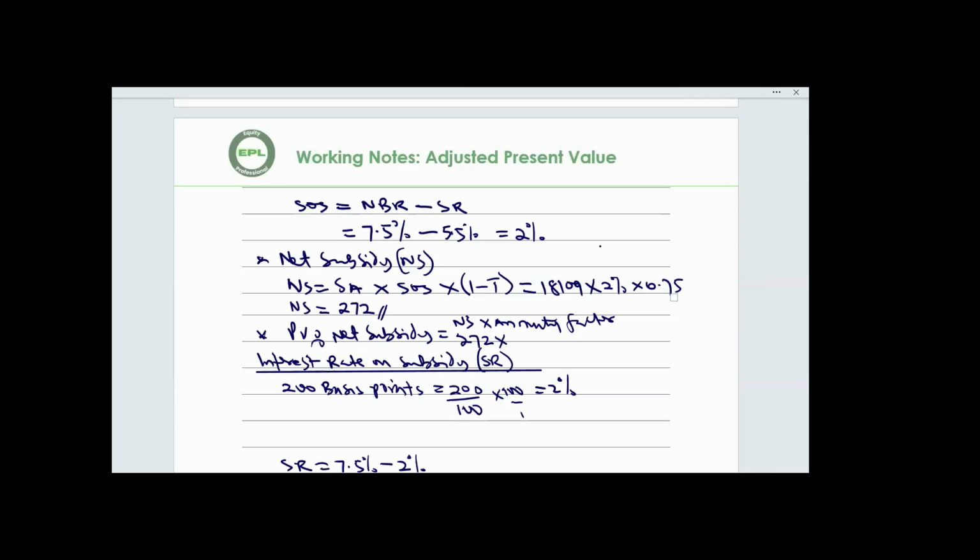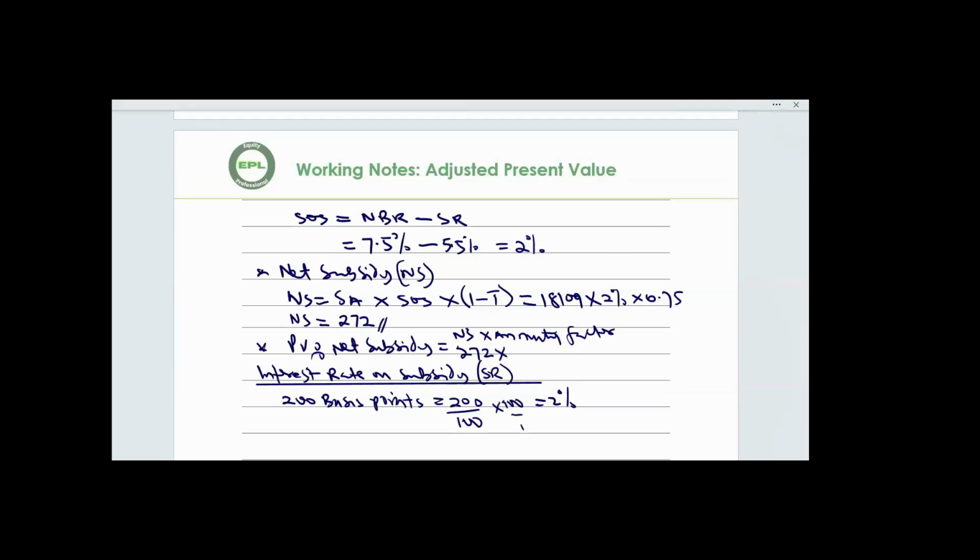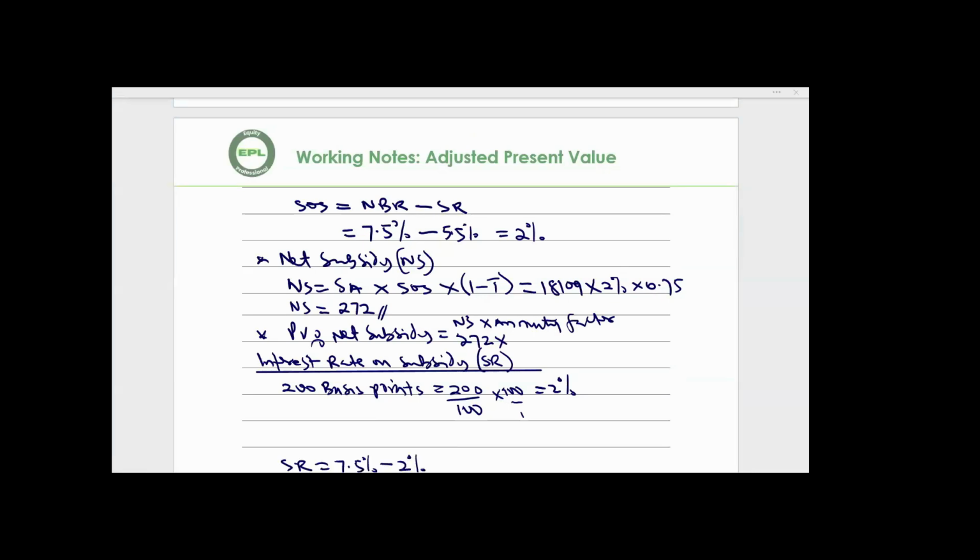The annuity factor, using 7.5%, is 1.075 raised to the power 4, since 4 years is the useful life of this project, minus 1, divided by 0.075, which is 3.349.